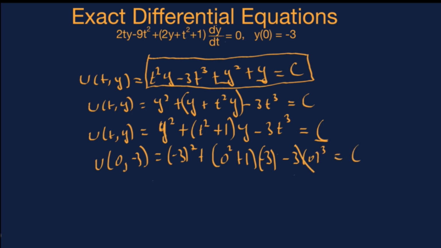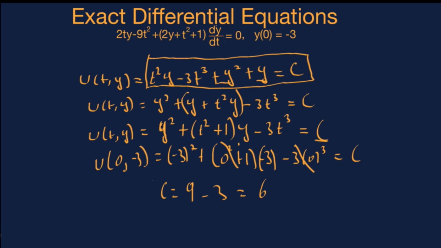And this cancels out. This just becomes 1. So the unknown constant c is 9 minus 3, which is 6. So the unknown constant of the particular solution that satisfies this initial condition is 6.